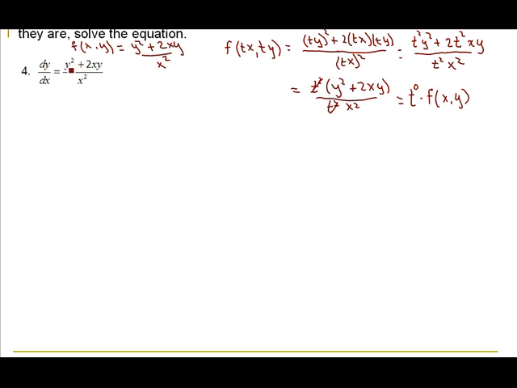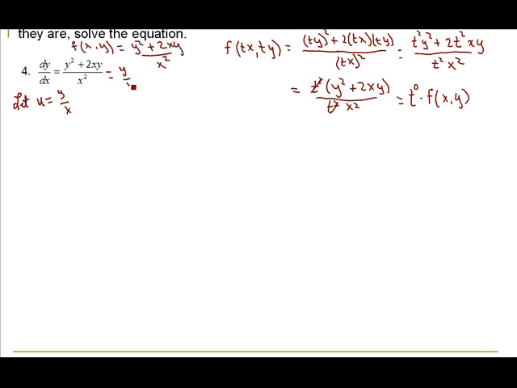Here, because we've got y's over x's, we would want to let u equal y over x. Notice that if you wanted to, you could rewrite this fraction so that you have y squared over x squared.